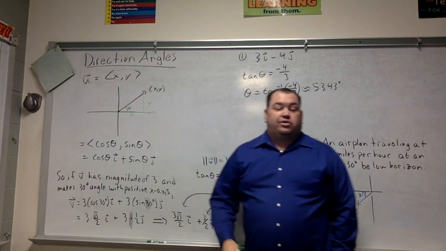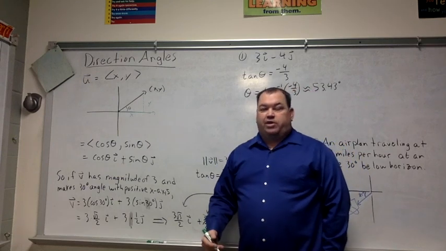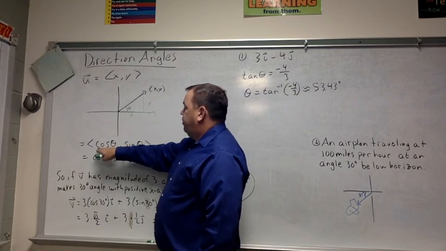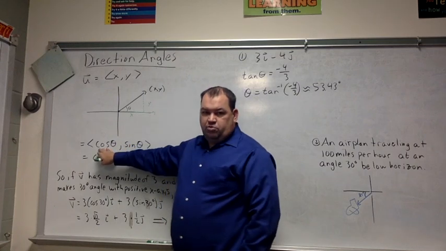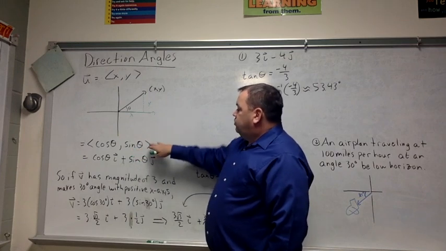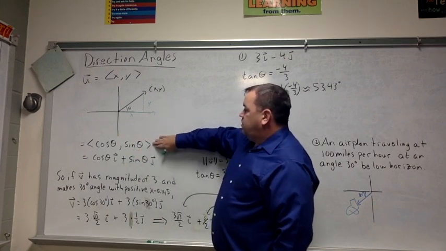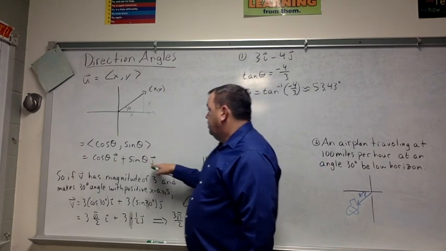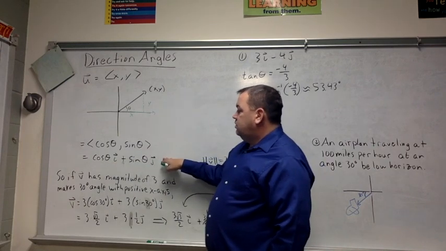That's its direction. That's how we normally mark its direction. And the interesting thing about this is the x direction corresponds to cosine, the y direction corresponds to sine. So whether you think of the vector this way, or you think of the vector with unit vector markings on it, it's the same thing.